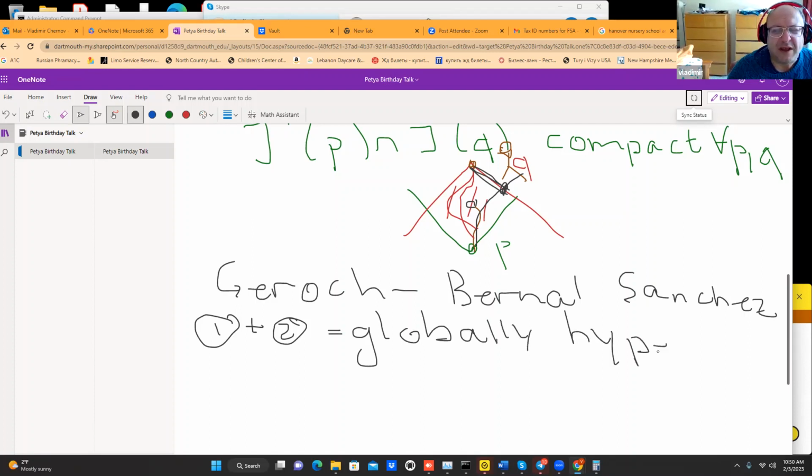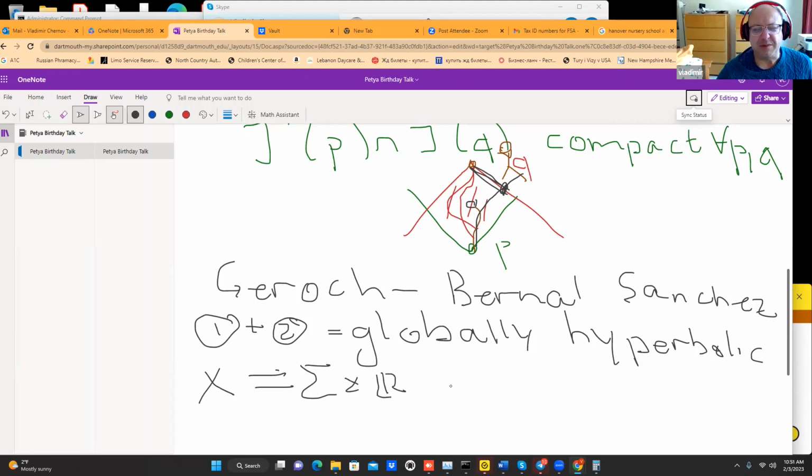If you have a globally hyperbolic spacetime, then the spacetime is homeomorphic to sigma cross R, where each sigma cross t is a Cauchy surface.